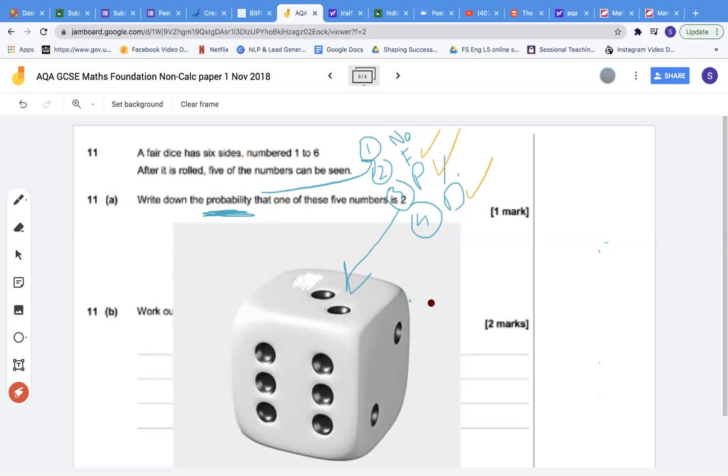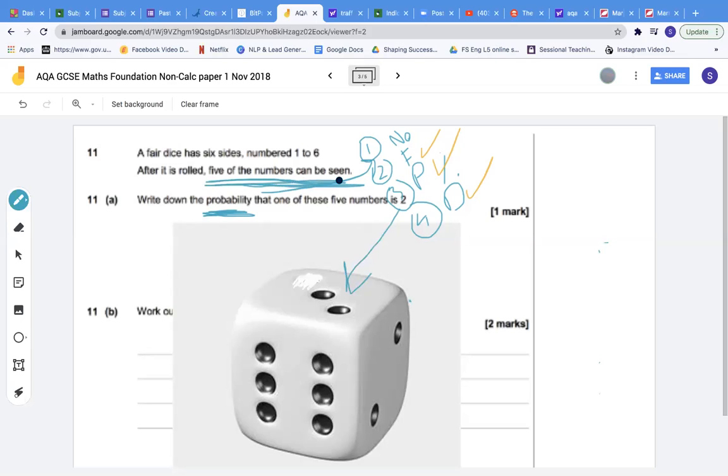There's a chance that the 2 can be here. The 2 could be there. The 2 could be here. The 2 could be behind there. But there's not going to be a number here. Remember, read the question carefully: 5 of the numbers can be seen.